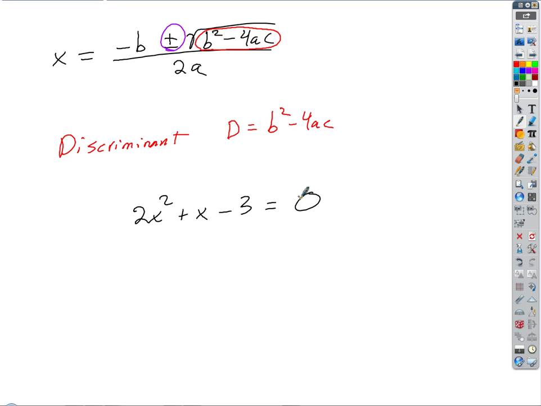What's C? Okay, so then the discriminant would just equal 1 squared minus 4 times 2 times -3. What's the sign of that for sure? Positive. So I've got to do it then, right? Because I am going to have two solutions. And the thing about it is when you check the discriminant, if you see that it's going to be positive, we'll just figure out what it is and plug that into the quadratic formula, so you already did some of your work, right? Does that make sense?